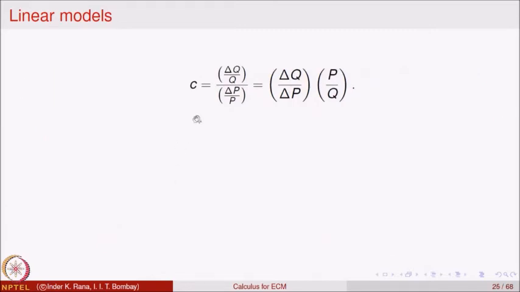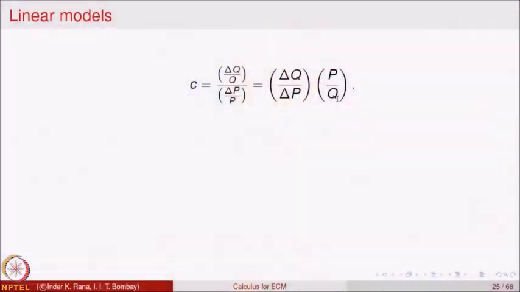So, C is equal to delta Q by Q divided by delta P by P, that is equal to delta Q by delta P multiplied by P by Q. So, the constant of proportionality is the change in demand divided by the change in price, multiplied by the price and divided by the demand at that point. This is a constant which is independent of units.